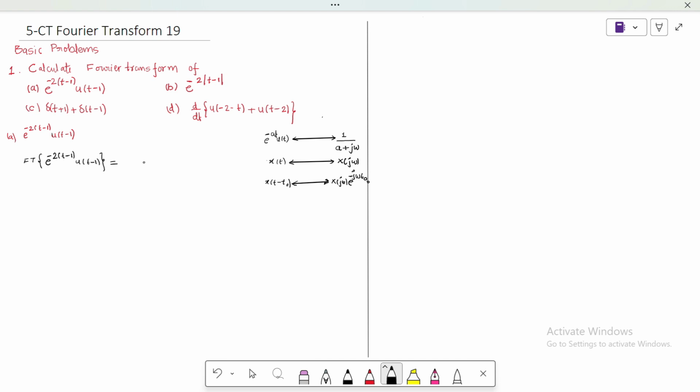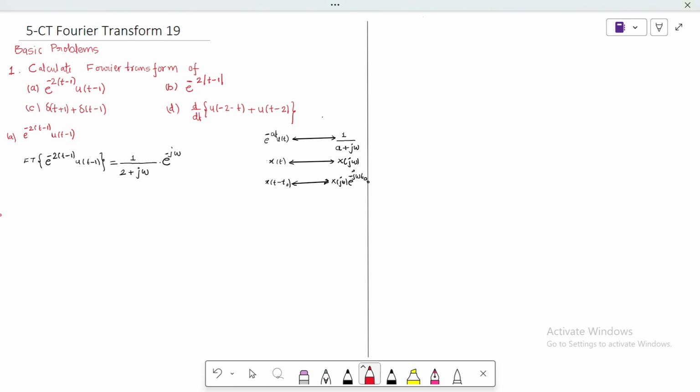It's 1 by, what is the a here? a equals 2, so 2 plus j omega, into e power. Since t minus 1 is delayed, it must be minus j omega into t naught. Here t naught equals 1. So leave it. This is the Fourier transform.